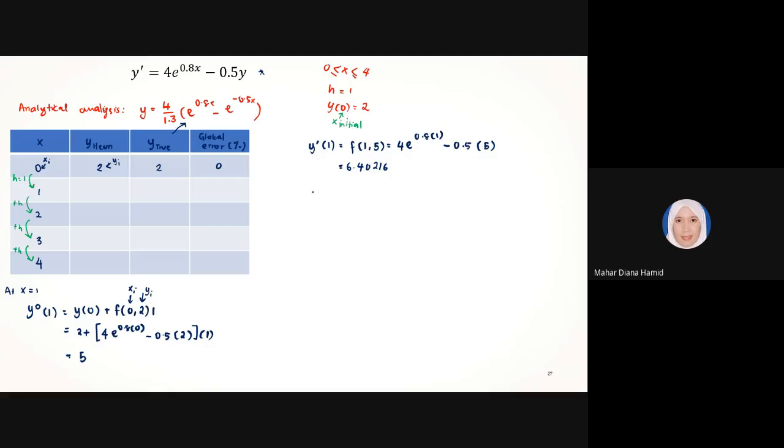And then since we already have the two slopes, so this is the slope at the end of the interval. So we are going to average that to get a value of yi.